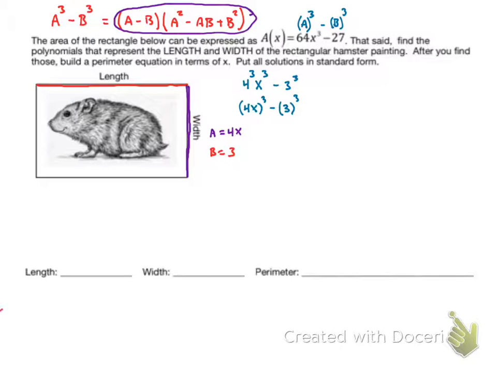So now we go ahead and write our two factors out, using what we have up here in purple, the circled in purple. So we have A minus B. A is 4x, I'm just plugging in here. A is 4x minus B, which is 3.